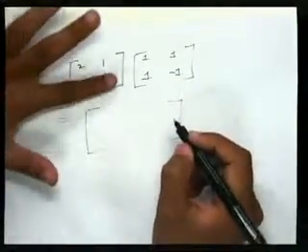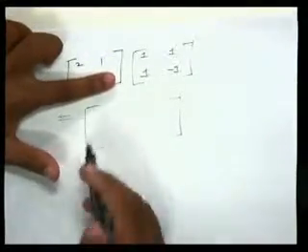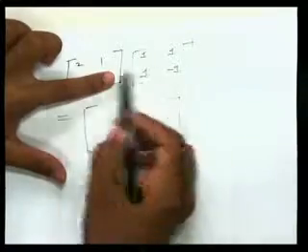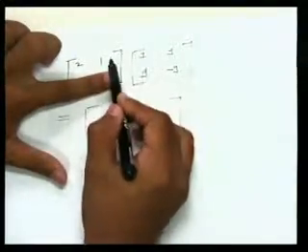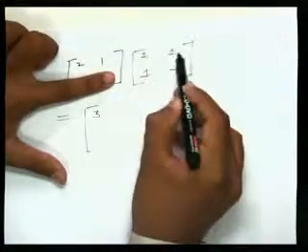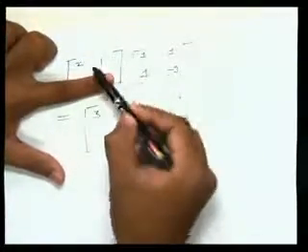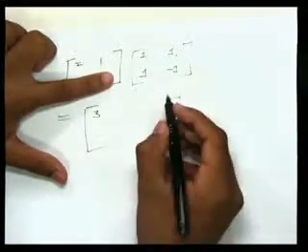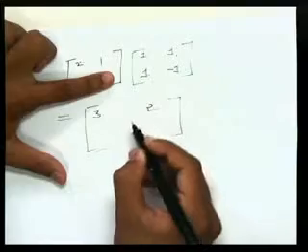We choose the first row of the first matrix and multiply with all the columns of the second matrix. So 2 into 1 is 2, 1 into 1 is 1, so 2 plus 1 is 3. Then 2 into 1 is 2, 1 into -1 is -1, so 2 minus 1 is 1.